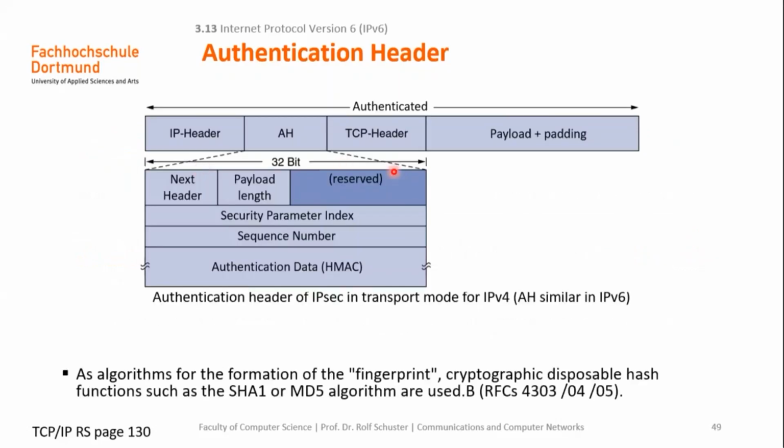Then typically the next header field in the IP header specifies that there is an AH, that is an authentication header, and the authentication header specifies different parameters. For instance, the security parameter index, the sequence number, and the authentication data.